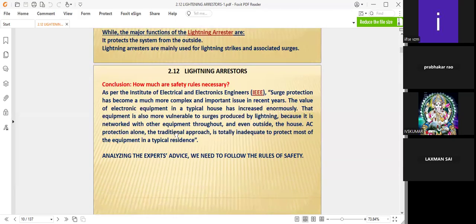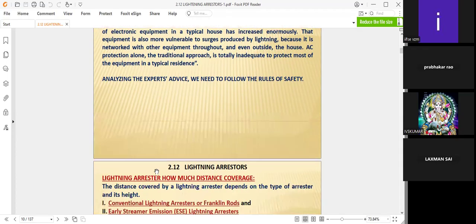Analyzing what these standards and institutes say, like expert advice, we need to follow the safety rules first of all. You have to see the Electricity Act 2003 and the safety rules, which are best for your environment, and it is decided by the organizations or building owners.